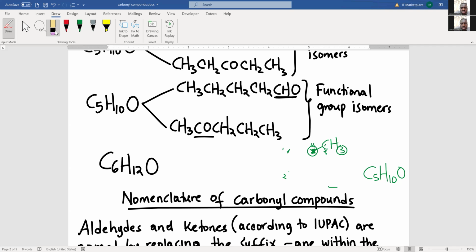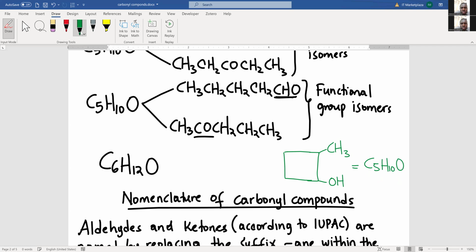So this is the same as CH3OH. And this corresponds to C5H10O. Yeah. So you see, I have created a different homologous series out of C5H10O.